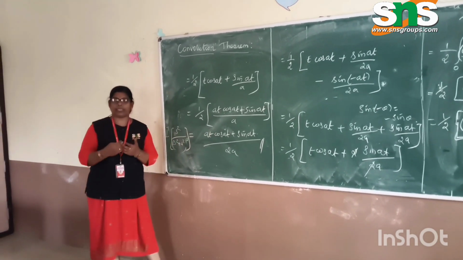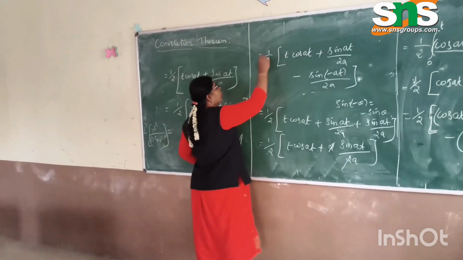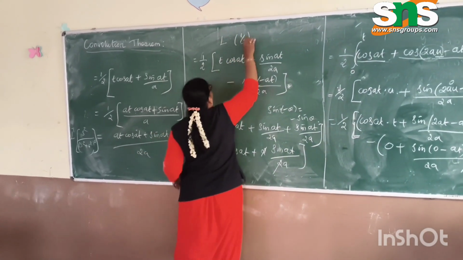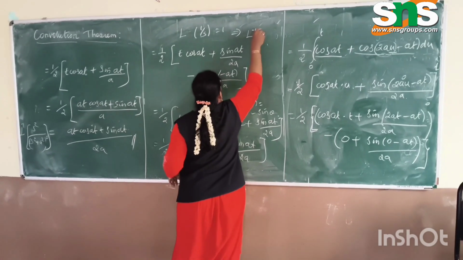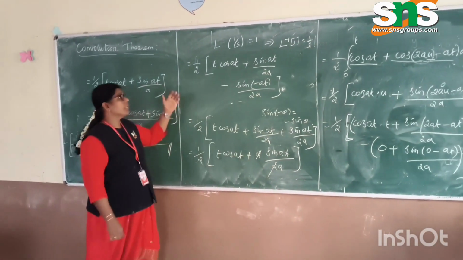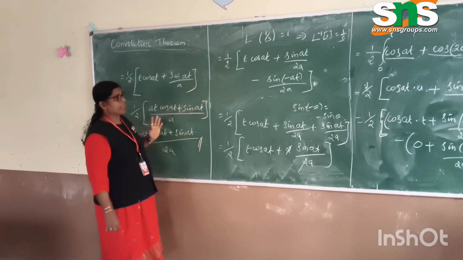Suppose L of 1 is 1 by s. Then the inverse Laplace transform of 1 by s is 1. Simply, we write the inverse Laplace transform from the Laplace transform.